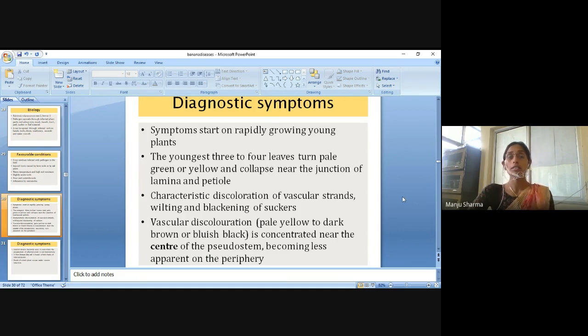Then characteristic discoloration of vascular strands, wilting and blackening of suckers. Vascular discoloration, pale yellow to dark brown or bluish black, is concentrated near the center of the pseudostem, becoming less apparent on the periphery.